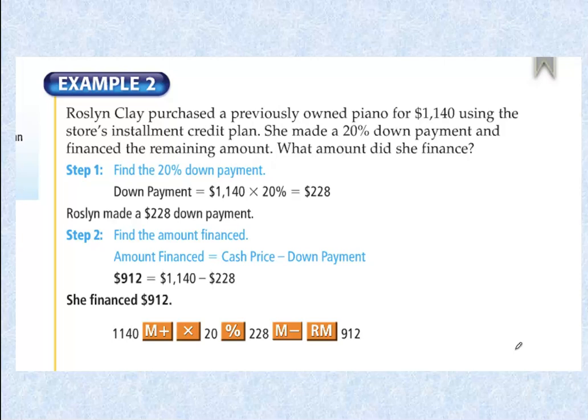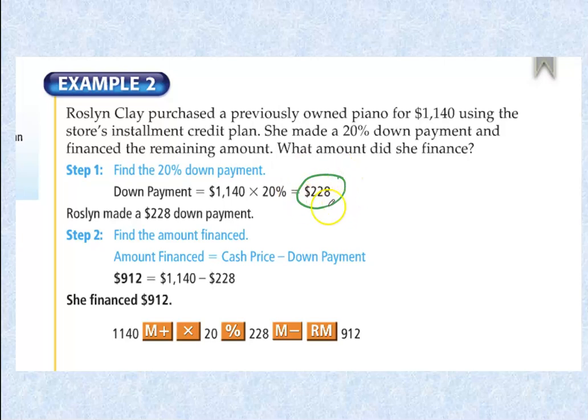Now, the other kind of problem you're going to get is it's going to tell you a percent. So Rose and Clay purchased a previously owned piano for $1,140 using the store's installment credit plan. She made a 20% down payment and financed the remaining amount. What amount did she finance? So we aren't given the down payment. We have to figure that out. So I need to multiply, right? I'm taking the cash price times 20%, and I get this.